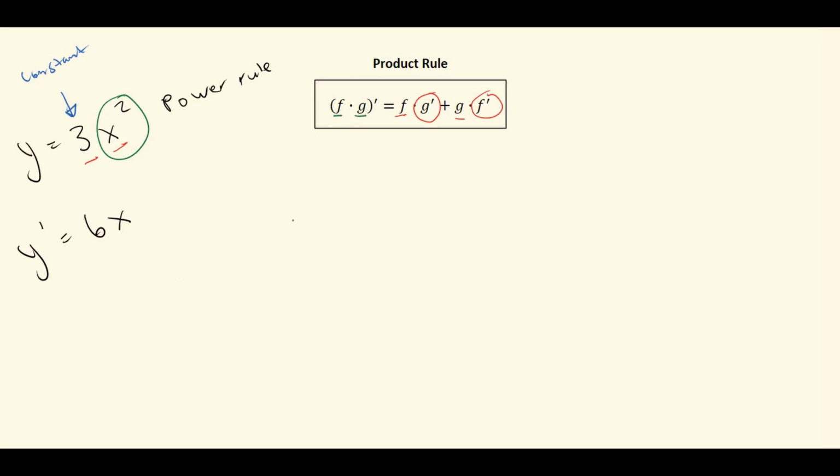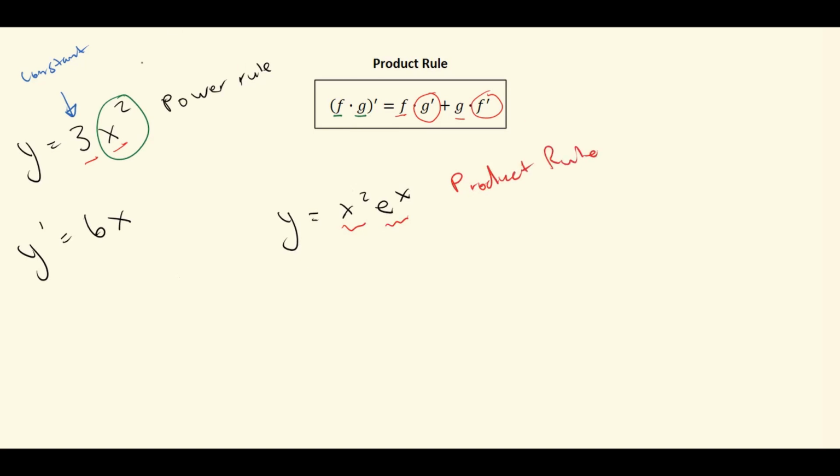So in other cases, if we were asked to find the derivative of y is equal to x squared times e to the x, this is an example where we have a function multiplied by a function. So in this case, we would use the product rule.